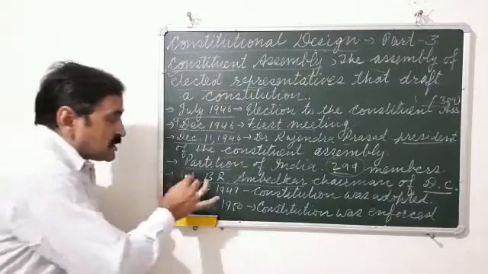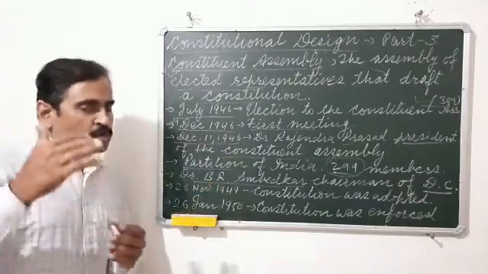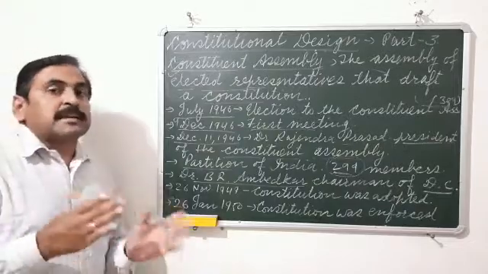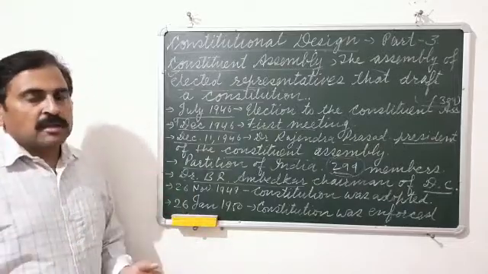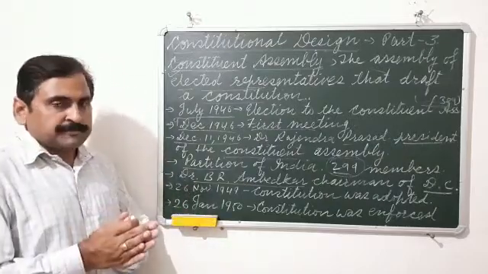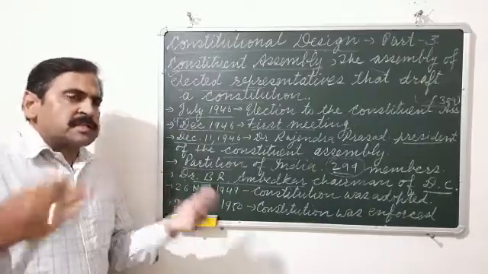Then this committee worked for around 2 years, 11 months, 18 days, means approximately 3 years. They met deliberately about 114 times in 3 years and they discussed.